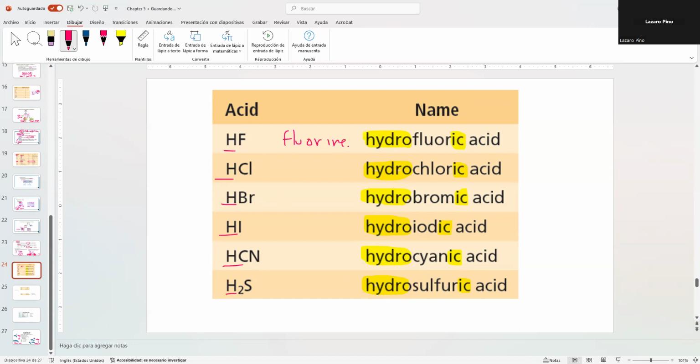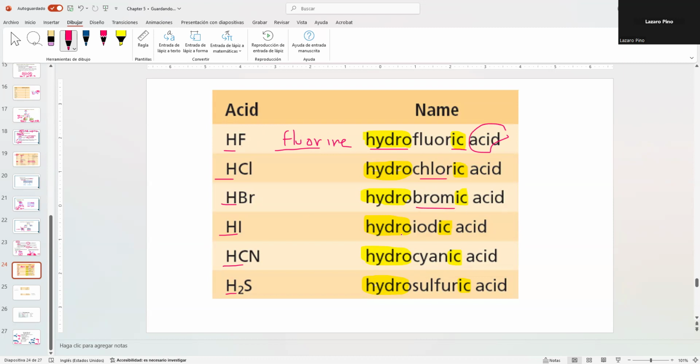Then we use the root fluor, and we begin with the prefix hydro and the ending ic, always. And then we add the word acid. Hydrofluoric acid. Hydrochloric, because it comes from chlorine.